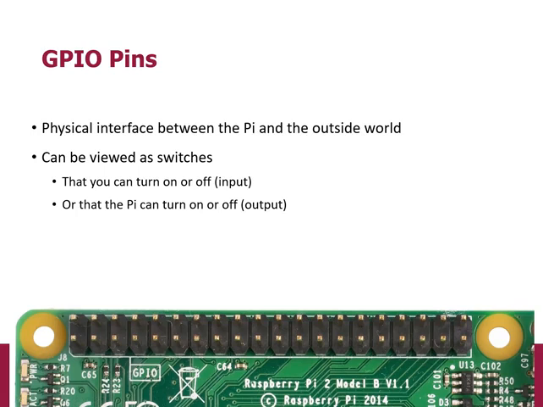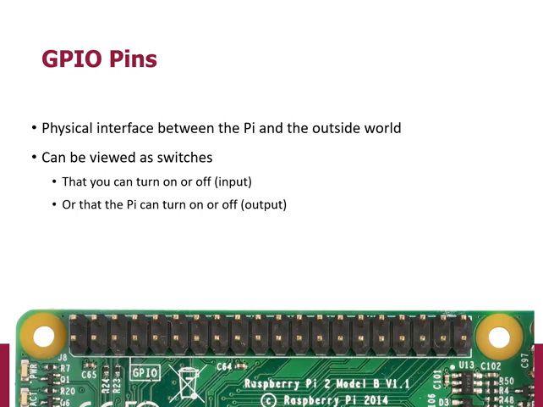As you can see in this image, these pins are located along the edge of the Raspberry Pi board. The GPIO pins serve as the physical interface between the Pi and the outside world. They provide a way to connect sensors, actuators, and other electronic components. Essentially, these pins can be viewed as switches.